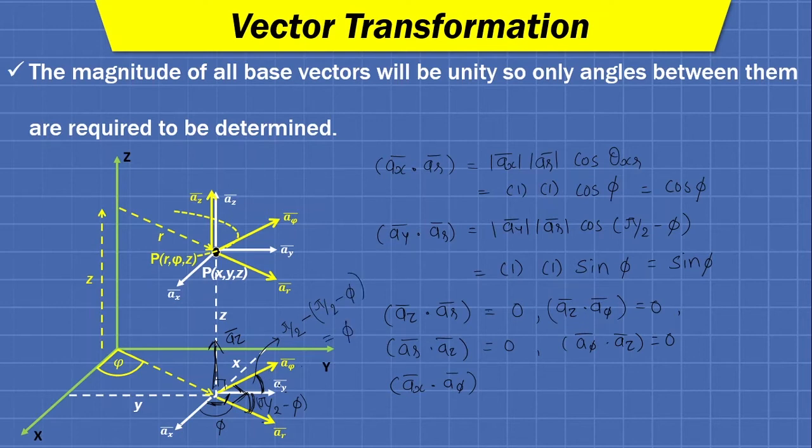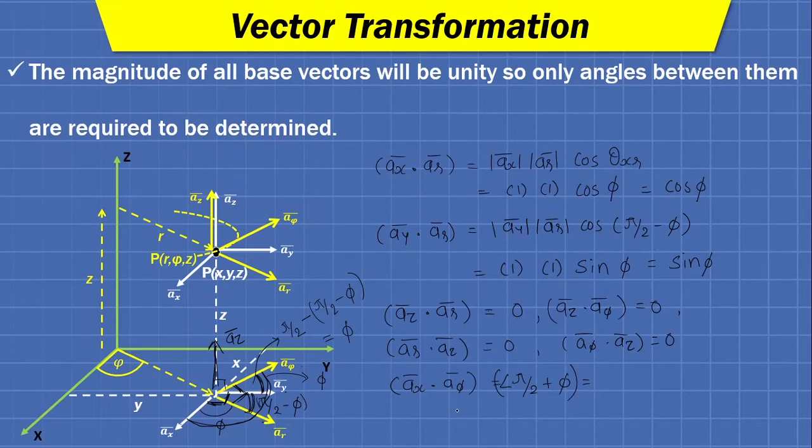So the angle between a_y and a_phi is nothing but phi, and hence a_x and a_phi will make an angle of pi by 2 plus phi, because from x to y the angle is 90 degrees and from y to phi the angle is phi. So this total angle will be pi by 2 plus phi.